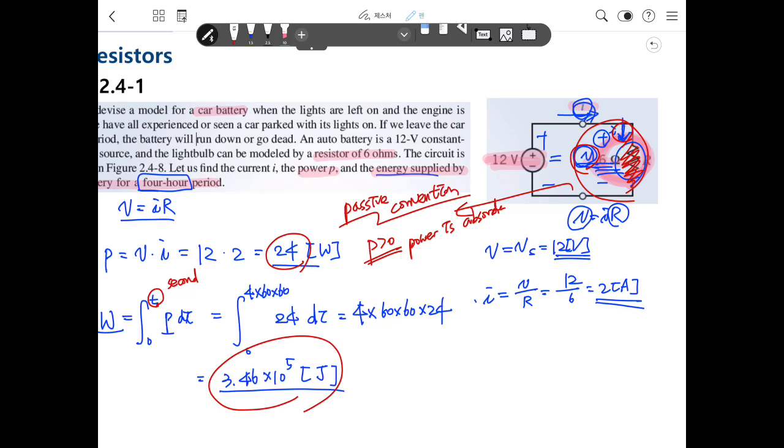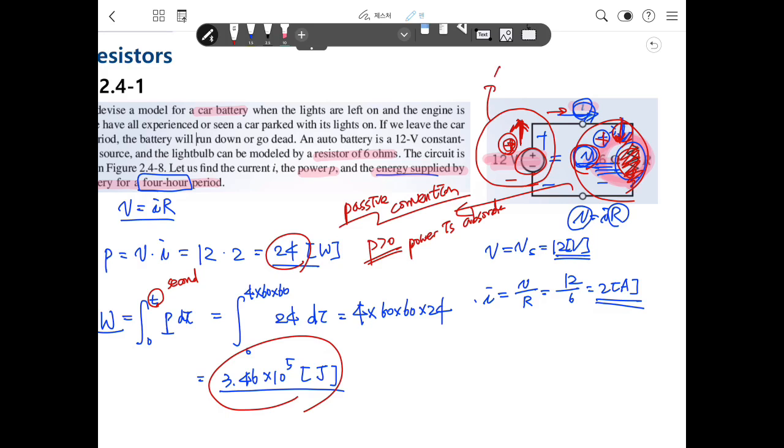That is simple. But from the viewpoint of the source, the current direction is here, and this is the positive terminal of the voltage. From the viewpoint of the supply, the current direction is out of the plus terminal. In the resistor case, it goes into the plus terminal, but here it goes out of the plus terminal.